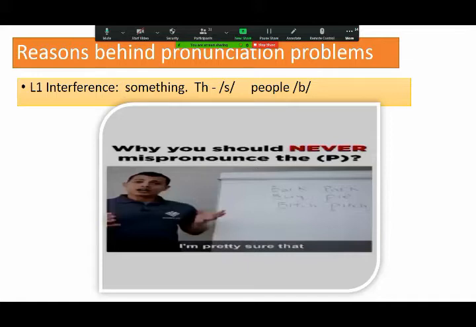For example, we don't say ثروت, but say it with س. So because of not getting our tongue out, we say something with S, not something, or instead of something.